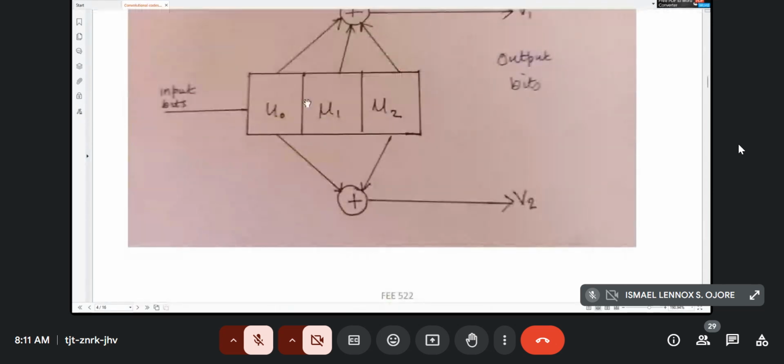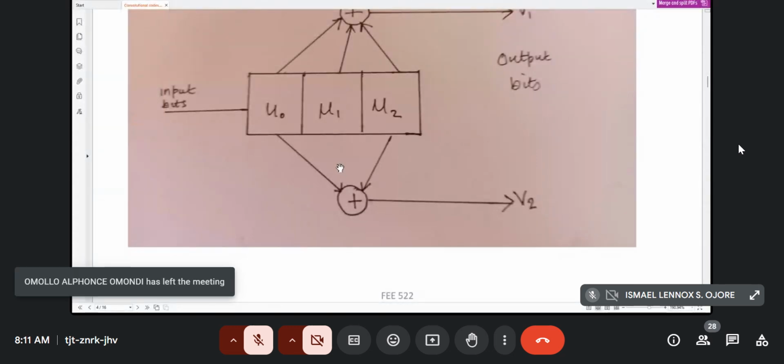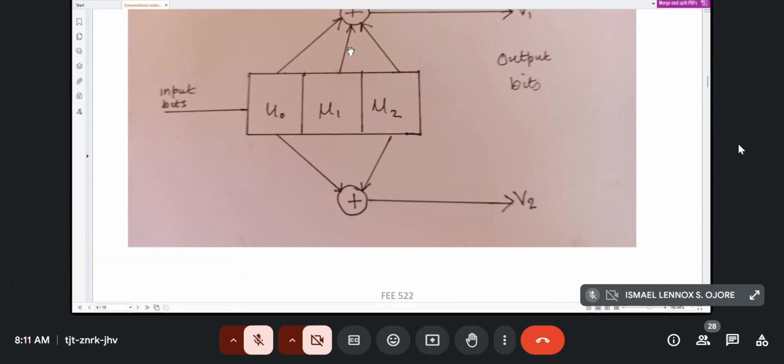Because you actually have what we call the generator polynomials, which interact with this shift register. So what you have, these are the memory registers, and these are shift registers.